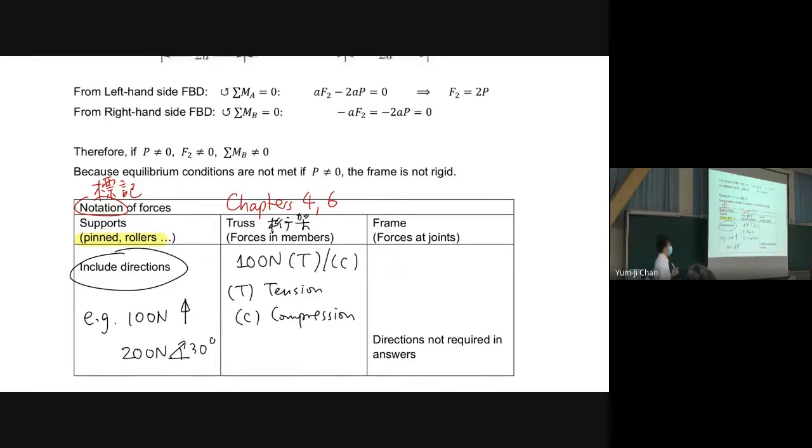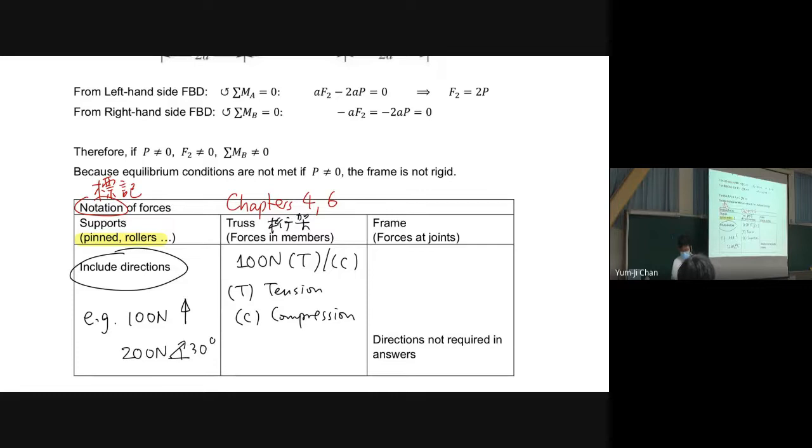So I want to ask one question. Of course, in trusses, we calculate whether a member is in tension or in compression. But in the beginning, should we put everything in tension or everything in compression? Tension, okay?